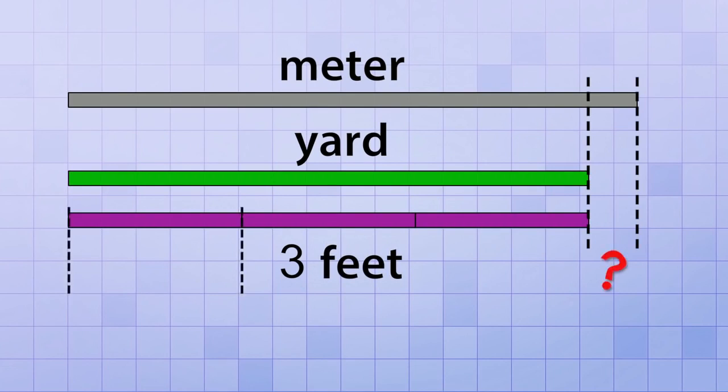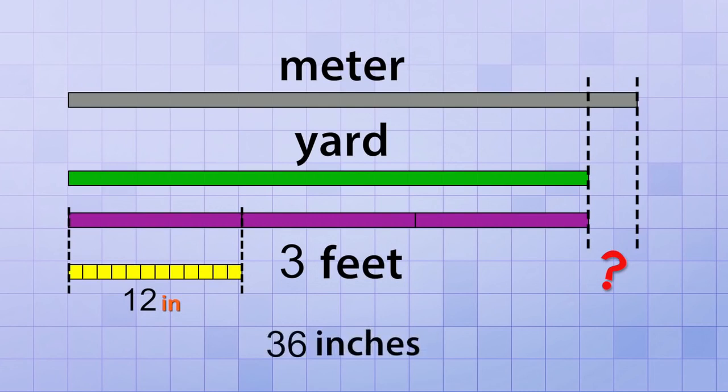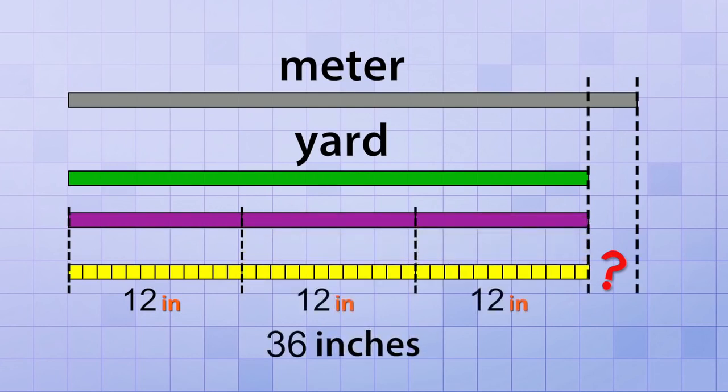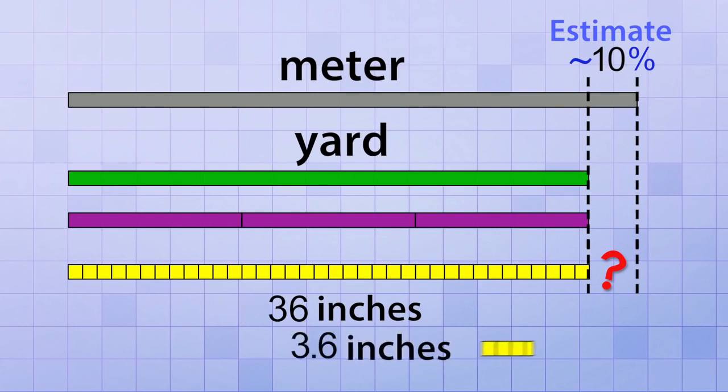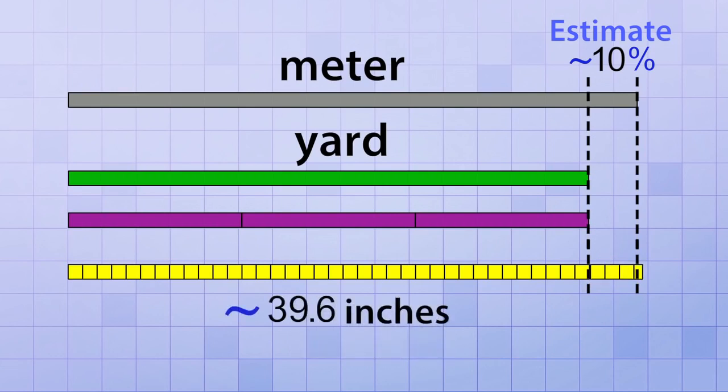Well, each foot in a yard is 12 inches, so a yard is 36 inches, since 3 times 12 equals 36. Our estimate is that a meter is 10% bigger than a yard. So, what's 10% of 36 inches? Yep, 3.6 inches. And if we add that to 36 inches, that means a meter is pretty close to 39.6 inches, or 40 inches if we round up a little.